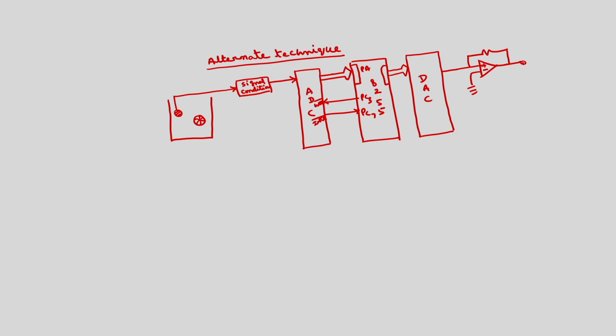This I am going to give to the fan. So, the remaining connections of this A to D and D to A converters I am not showing, because those details I have already discussed in the earlier lectures.